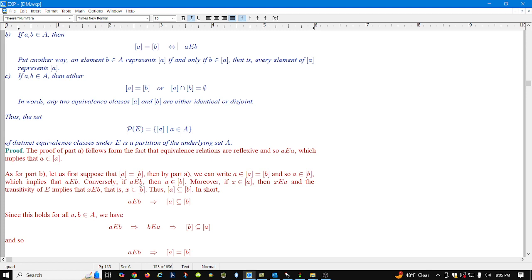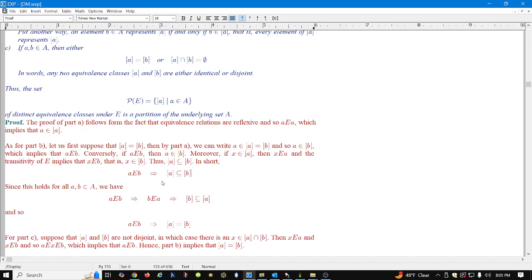If A is equivalent to B, then A belongs to the equivalence class generated by B. And if any other element belongs to the equivalence class generated by A, let's call that element X, then X is equivalent to A, which is equivalent to B, so transitivity tells us X is equivalent to B. In other words, X belongs to the equivalence class of B. So A equivalent to B implies this subset relation.